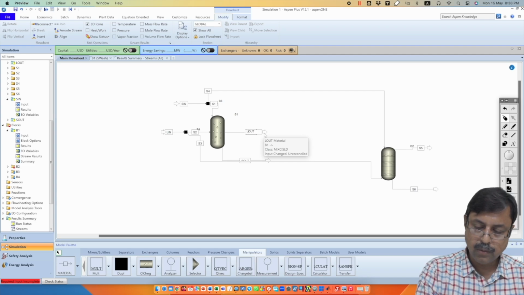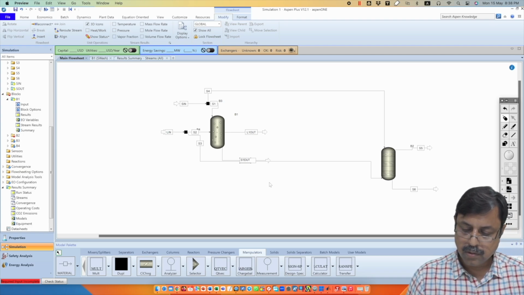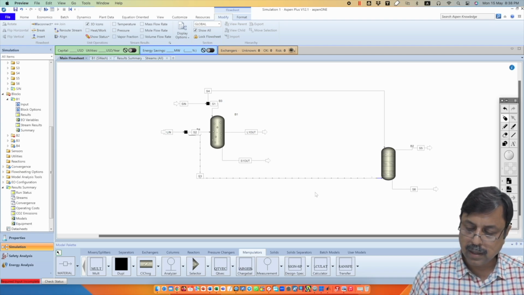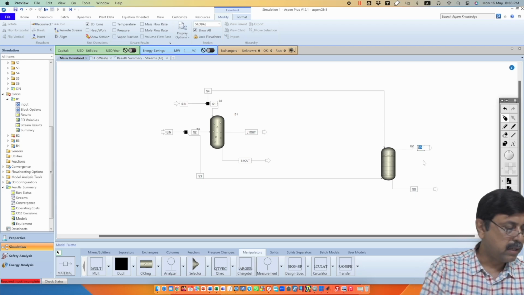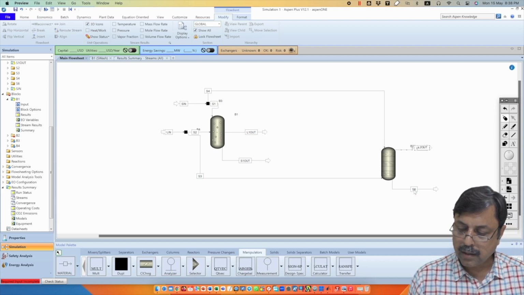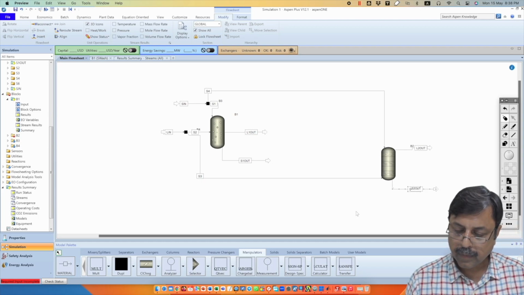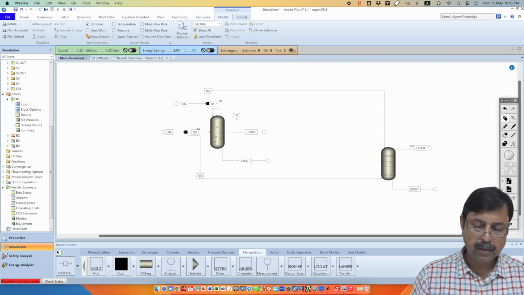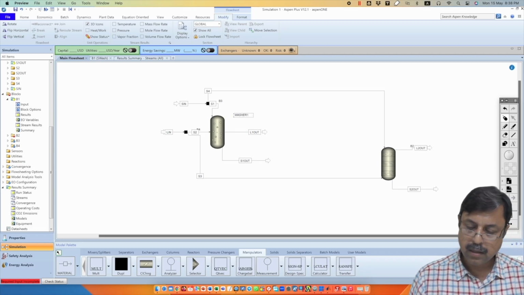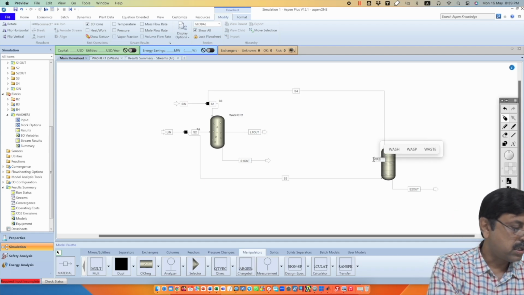Say this one is L1 out and rename it as S1 out. Okay, so liquid 1 out and solid 1 out. This one, let us rename it as liquid 2 out, and this one will be solid 2 out. Okay, and this one rename it as washer 1. This one B2 rename it as washer 2.